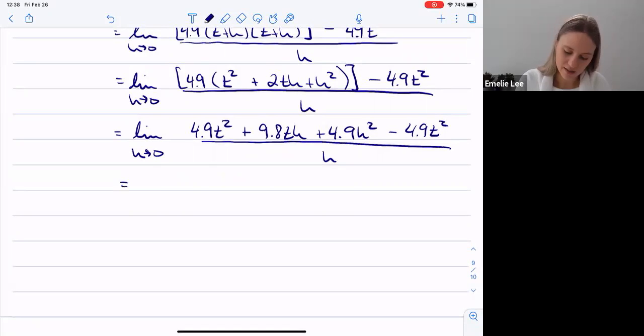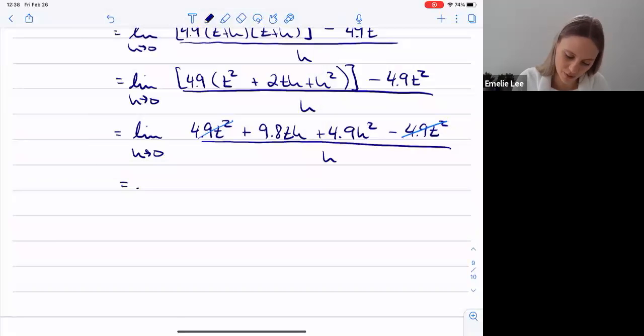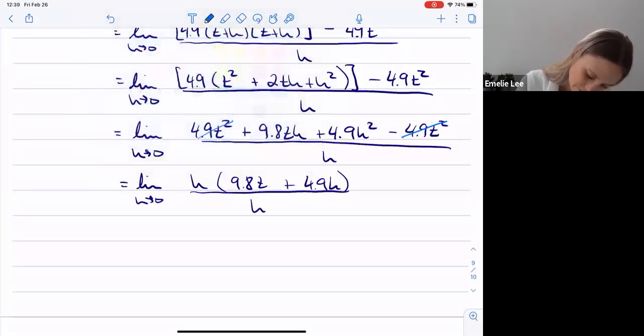So then 4.9 t squared minus 4.9 t squared is going to cancel out, and I'll be able to pull out a common h. The limit as h goes to 0 of h times 9.8t plus 4.9h over h.